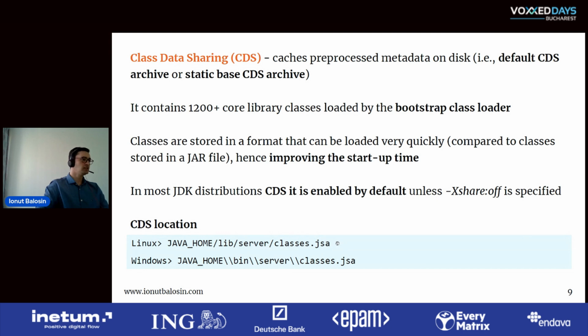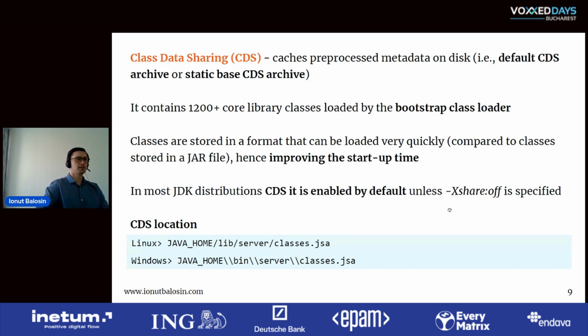Starting JDK 12, once you install the JDK distribution, you will find this archive implicitly here. Of course, there are different paths, Linux and Windows, but this is not important. If you check this on your appropriate file system, you will see these archives.